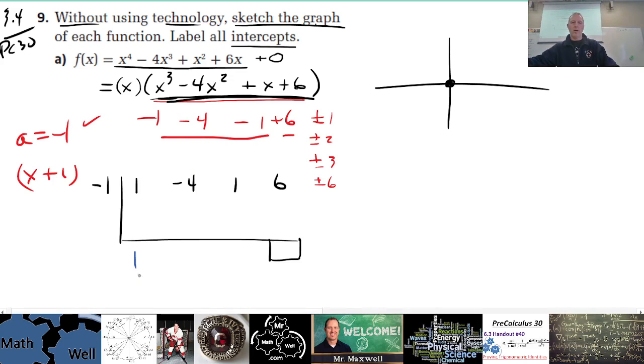So I'm going to drop the 1 here, multiply, add, whoops, 0, 1, negative 4, 1, 6. Isn't it right? 1, okay, negative 5, positive 5, add, yeah, okay, negative 6. Good, I had a bit of a spaz there for a second.